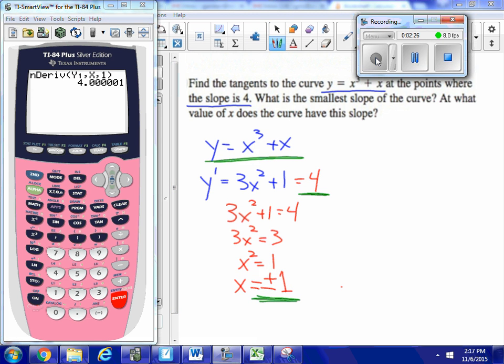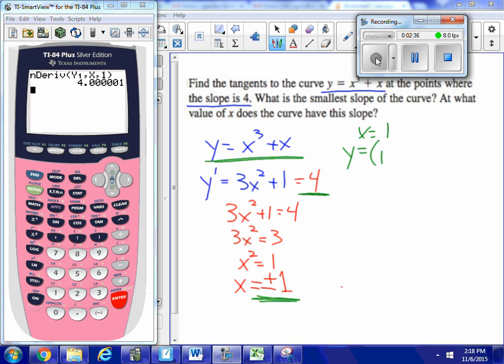So at the point where x equals 1, if I plug 1 into my y, I get y equals 1 cubed plus 1. So that would be y equals 2. So I know I have the point 1 comma 2.